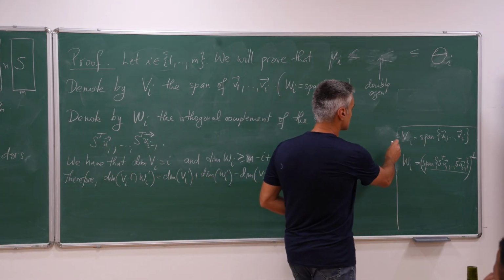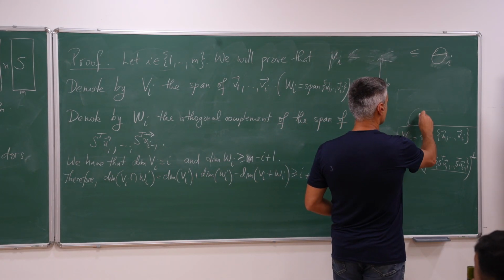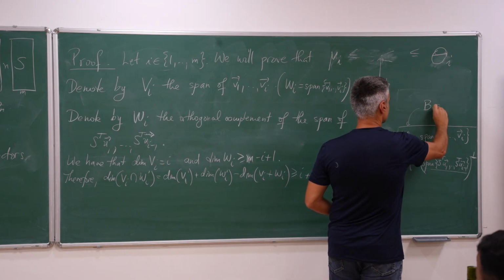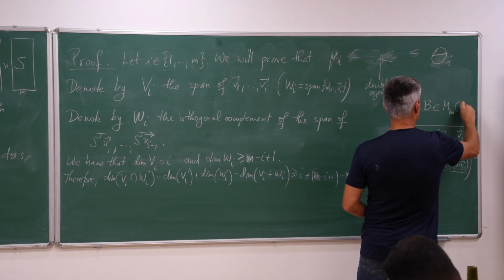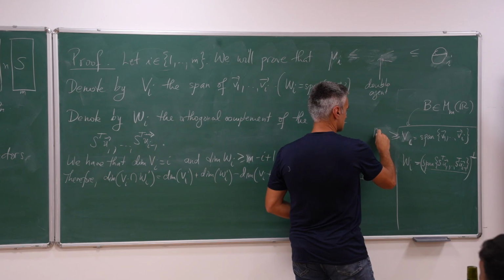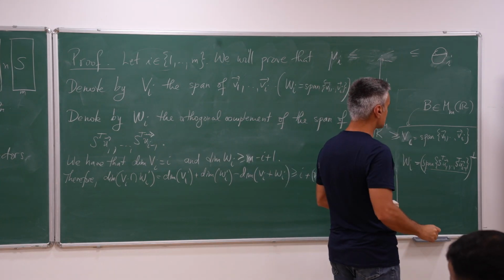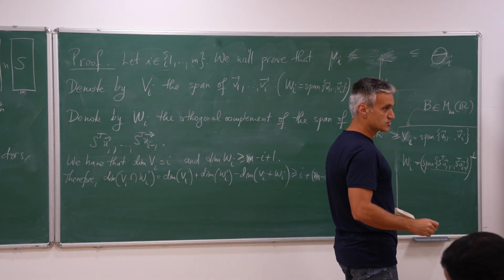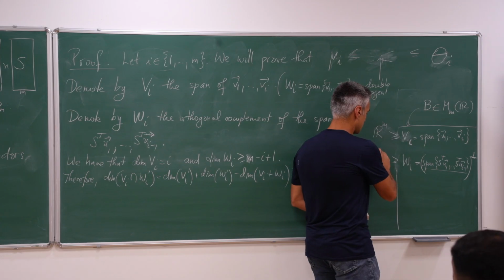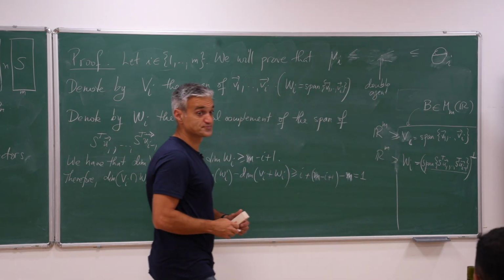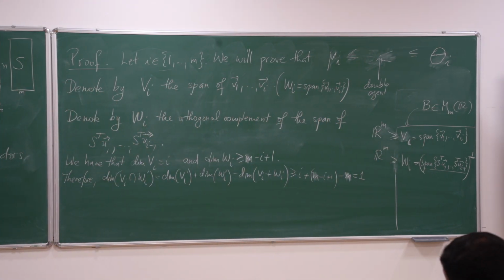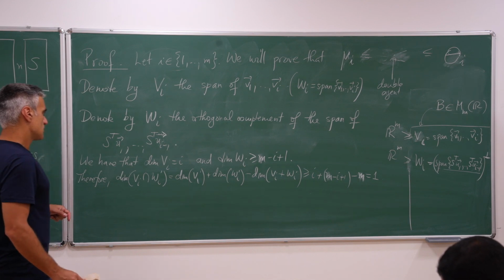So these are the V's. They come from the matrix B, which is in m, so this is in Rm. And the U's are tall, but this is also in Rm. Thank you, very good.